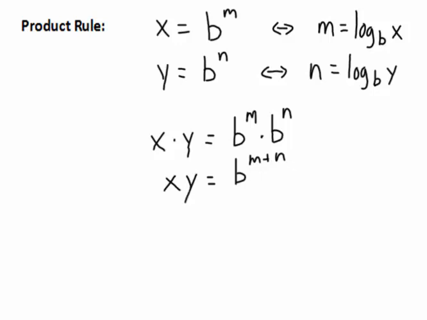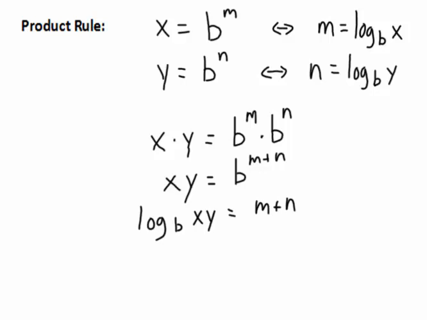And there we have x times y in exponential form. But let's switch it from exponential to logarithmic form. In logarithmic form, this would be log base b of xy is equal to m plus n. Just switching that around.